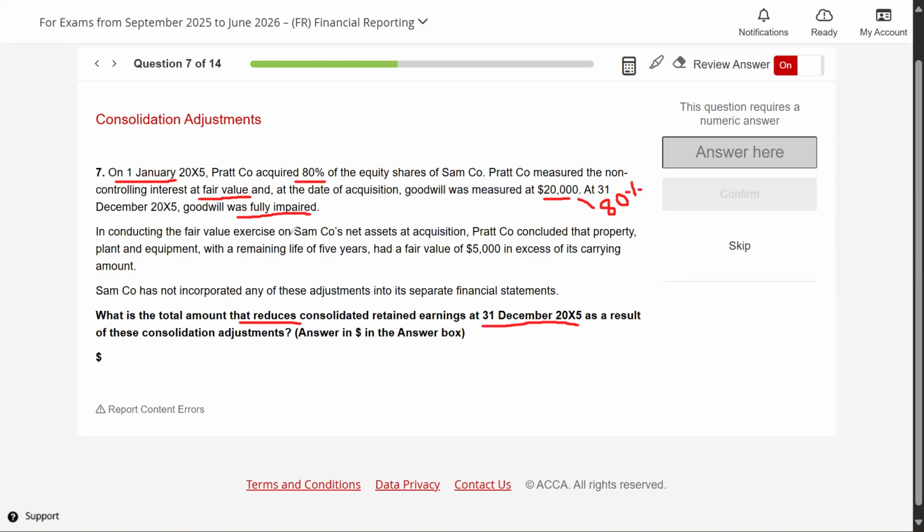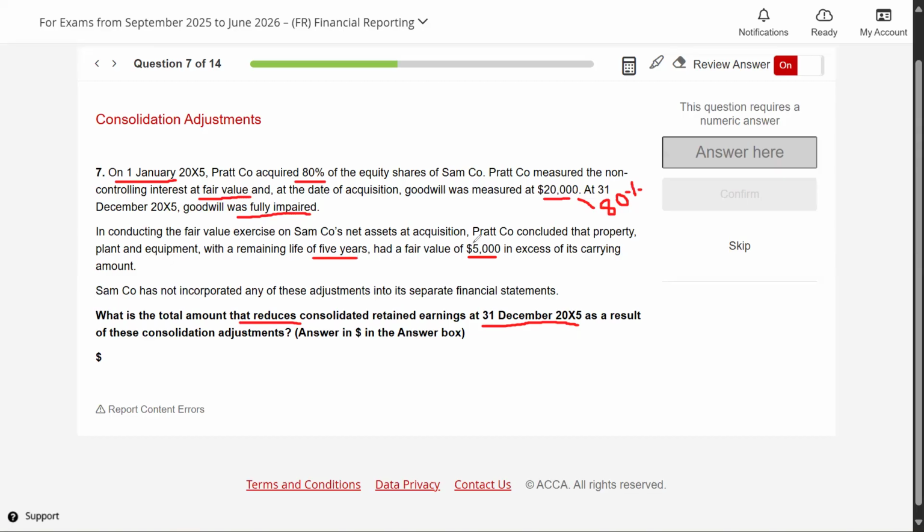In conducting the fair value exercise on Samco's net assets on acquisition, Pratt Co. concluded that the property, plant, and equipment with the remaining useful life of 5 years had a fair value of 5,000 in excess of its carrying amount. So two things: the useful life is 5 years and the fair value is 5,000 in excess.